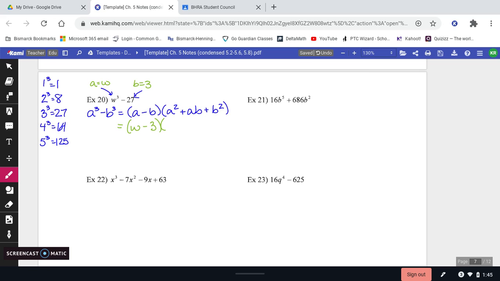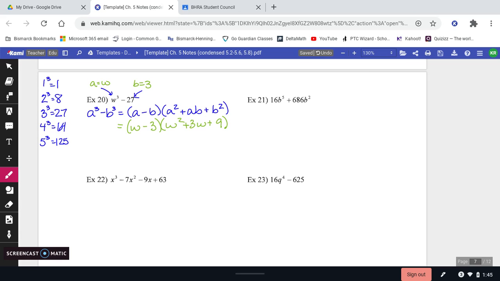Okay, well, my A is a W, so I'm going to go W squared plus, now this time do A times B. So you're doing W times 3 or 3W plus B squared. So 3 squared is 9. Okay, and that is how you use that difference of cubes pattern.